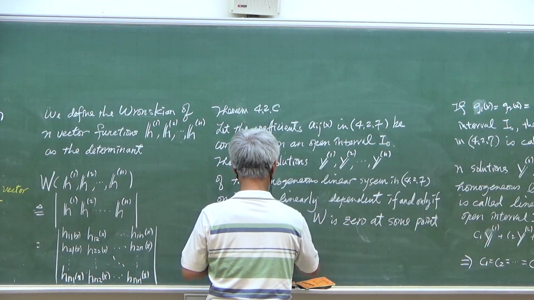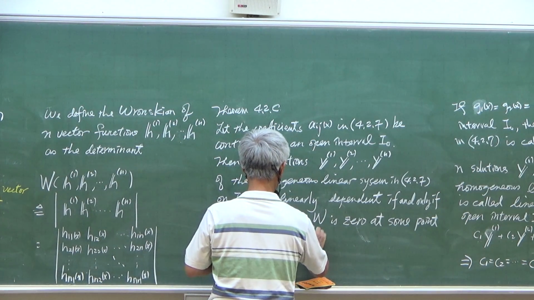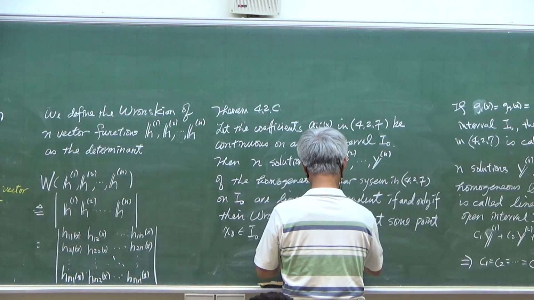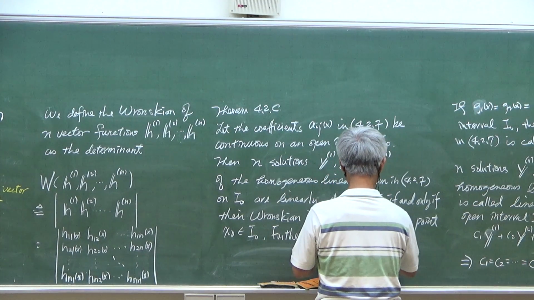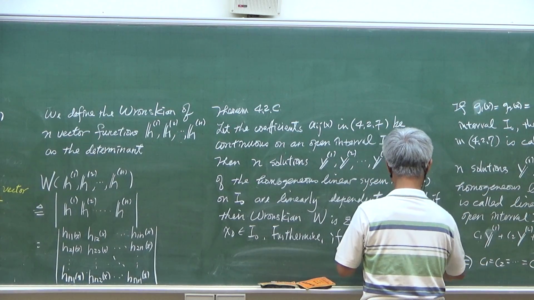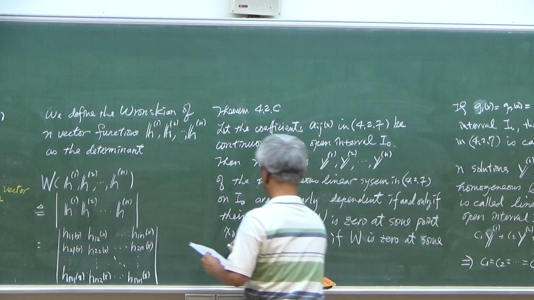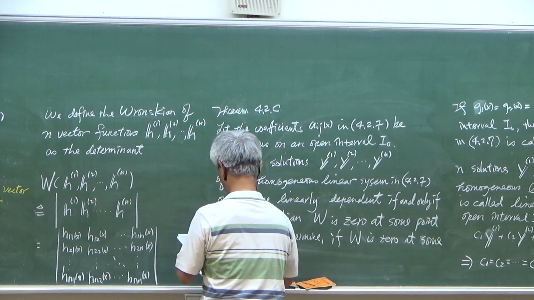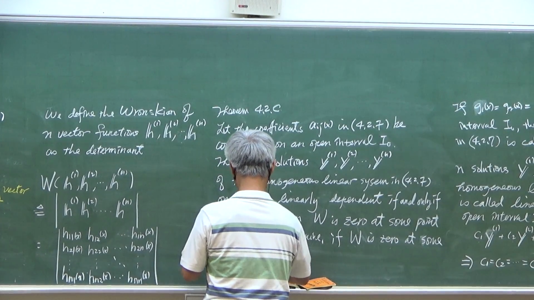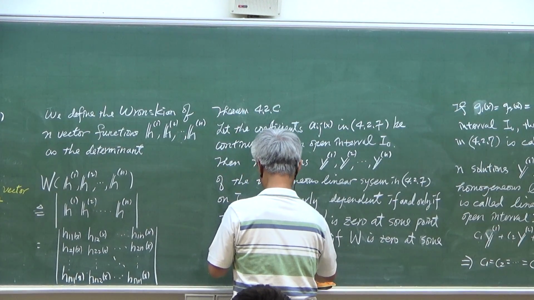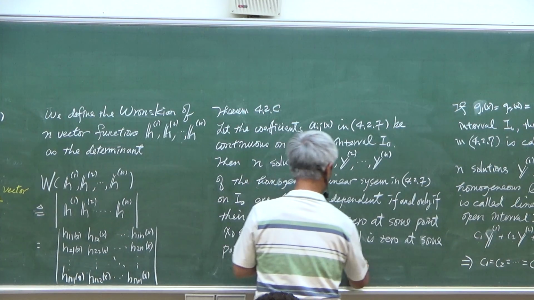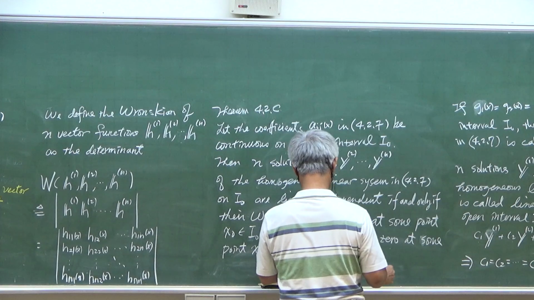Furthermore, if the Wronskian is 0 at some point x0 in the interval, then the Wronskian is identically 0 on the interval.